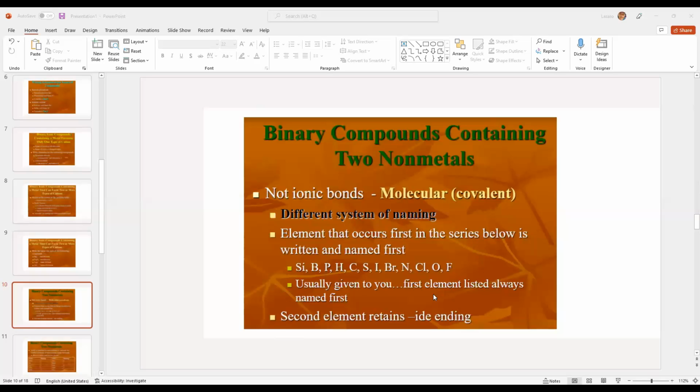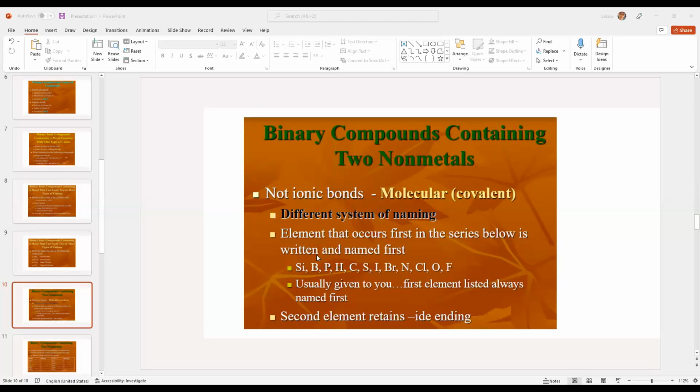In the case that you don't have ionic bonds, these compounds are molecular or covalent, and then the form of naming is different. Generally, you have two non-metal elements together.